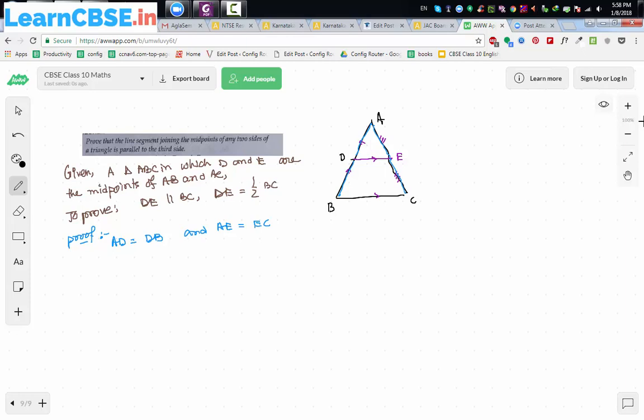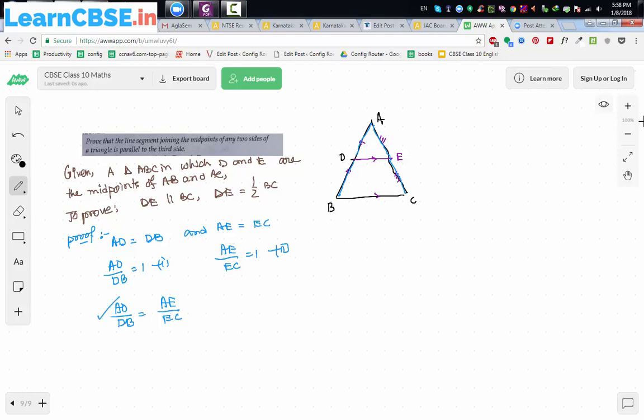So obviously we can write AD by DB equals 1, and AE by EC also equals 1. So we can write AD by DB is equal to AE by EC.